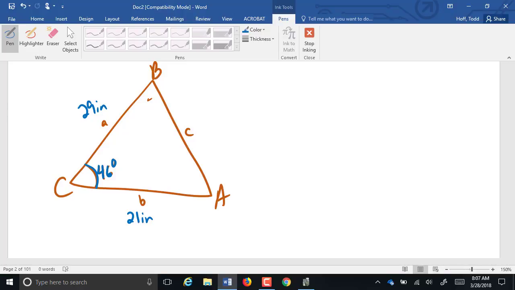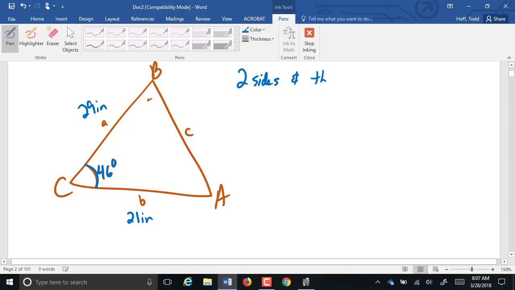Not with what I know here. Here we have two sides and the angle between them. That angle between them is called the included angle, rather than the opposite angle.